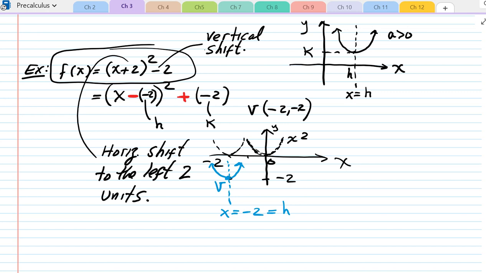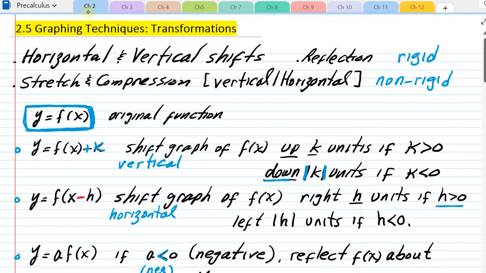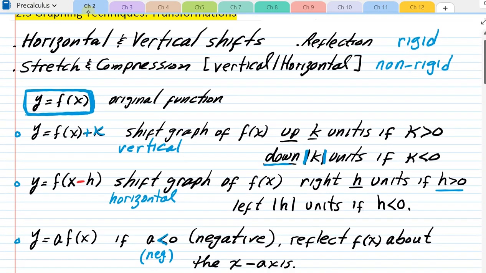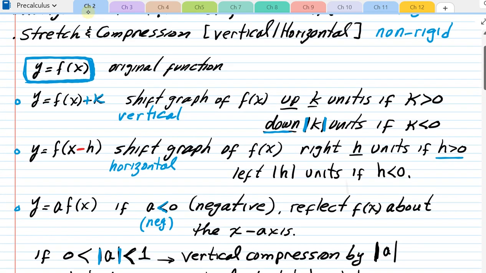All right. Now again, these horizontal and vertical shifts that we talked about, let me see if I can find that for you. Let's see, transformations. Yeah, exactly where we are. This is where, remember, it's the lecture on section 2.5. I think that's lecture 5. And here's where we talked about all these shifts.